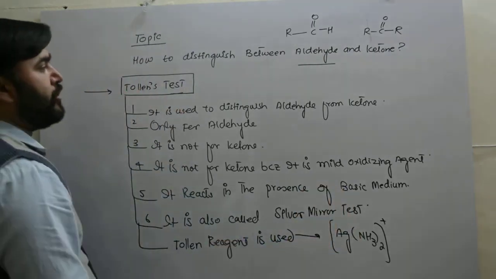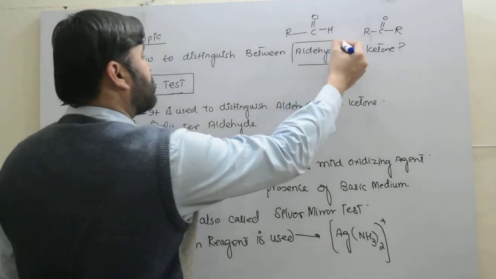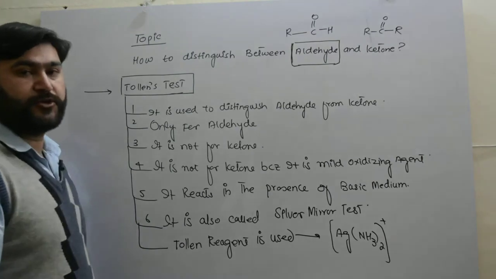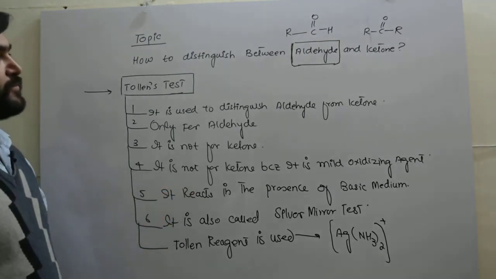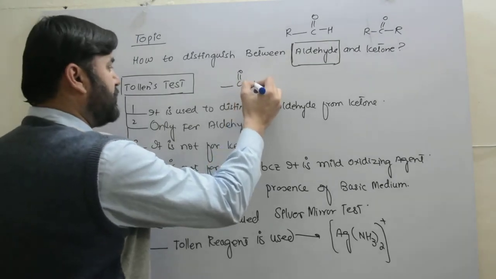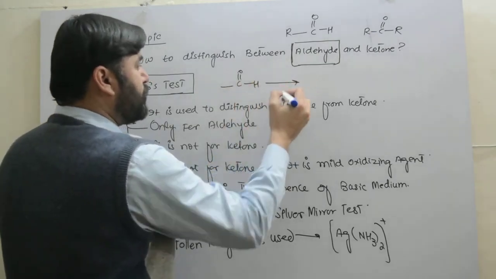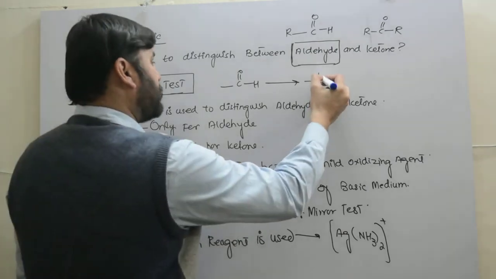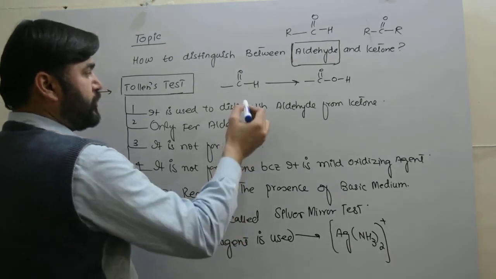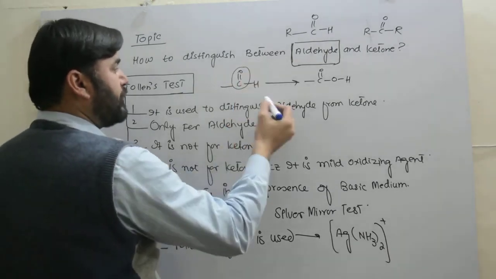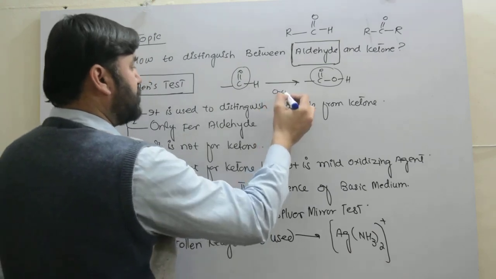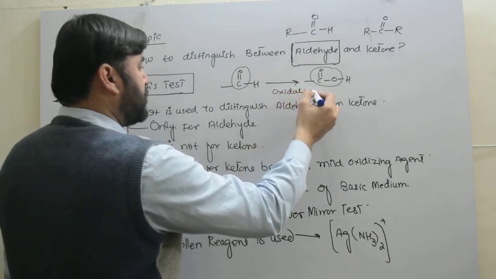It will react with only aldehyde, and this test will not give a result with the ketone. It only reacts with the aldehyde, and the aldehyde is oxidized to carboxylic acid, because see, here is only one oxygen, and here two oxygens are there. It means it is an oxidation reaction.